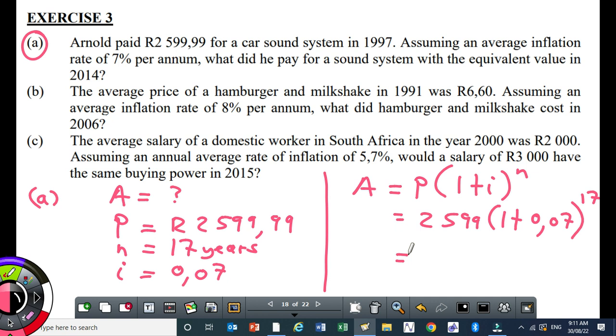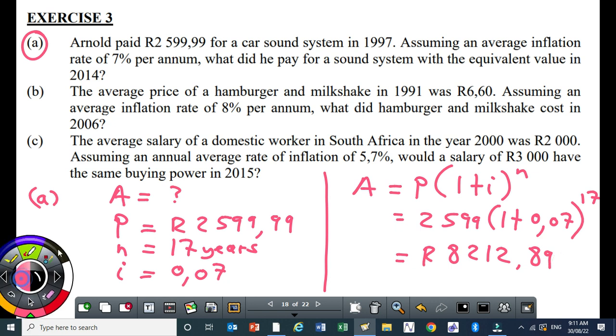What was the price of the sound system in 2014? R8,212.89. You see now how much that sound system was costing due to inflation.